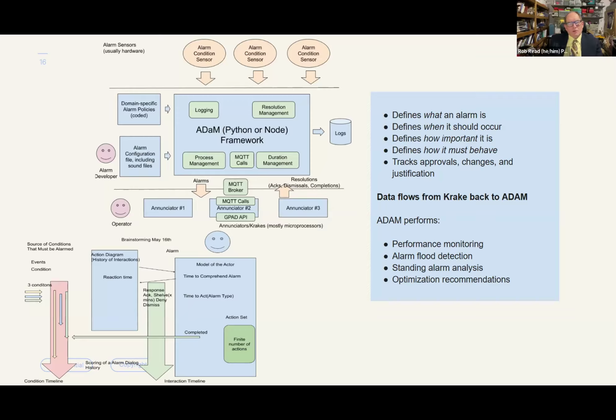Thank you. So ADaM stands for Alarm Dialog Management. And what we're trying to do is to do the things that Nagham just said by, for example, keeping logs, but in particular, managing the information that goes to the human operators through the annunciators.